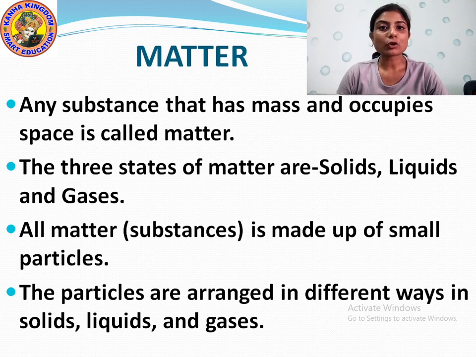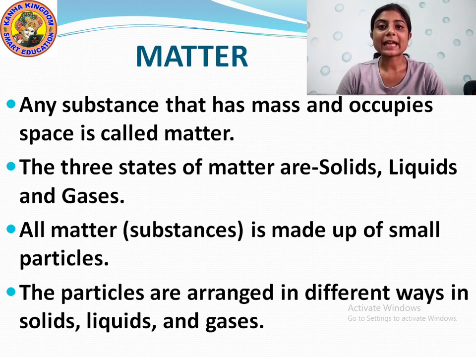A table in a room has its own space, yes or no? A room is an empty place, and when you put a table in it, it occupies a space in the room. A table is heavy, yes or no? It has got weight and it occupies a space in a room. So that substance is known as matter.